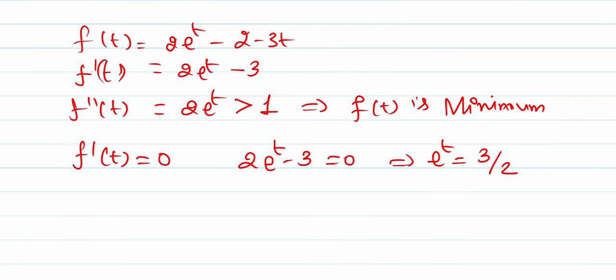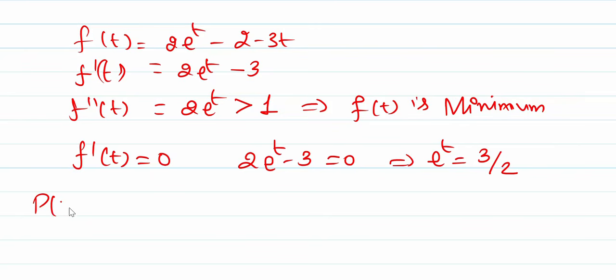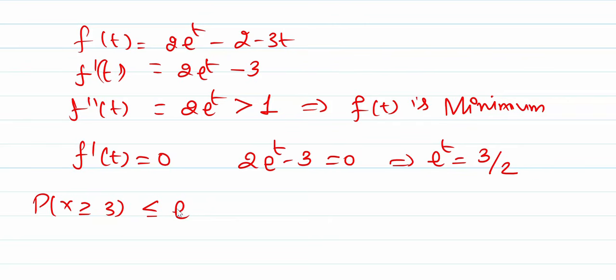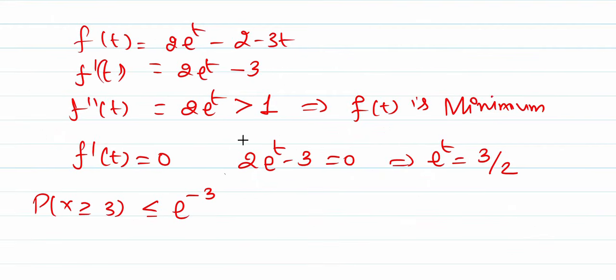Let's go and resubstitute it back in the given function. So what happens if we substitute over here? Probability of x greater than or equal to 3 is less than or equal to e to the power of minimum; we drop the minimum because we have already minimized it. So e power minus 3t, and then you have 2 e power 2 into e power t minus 1.